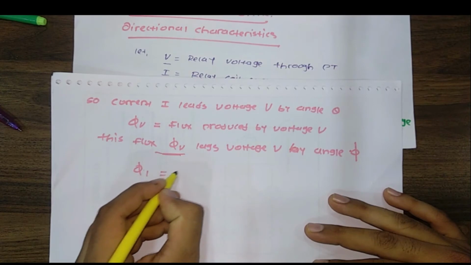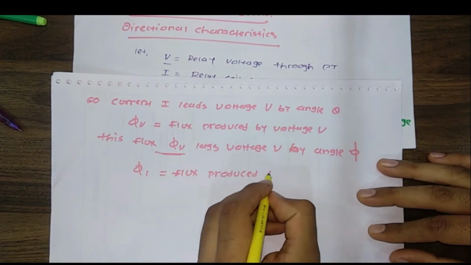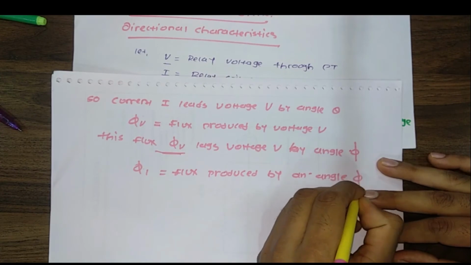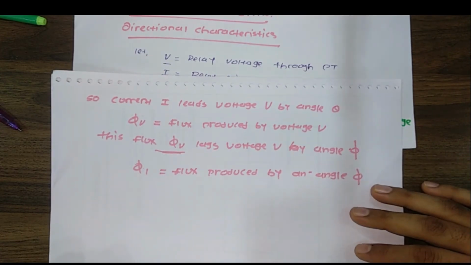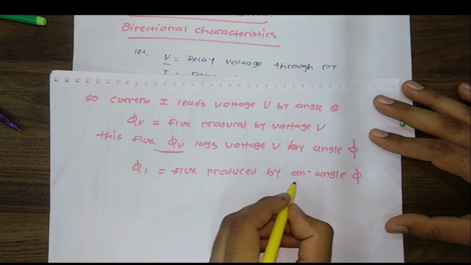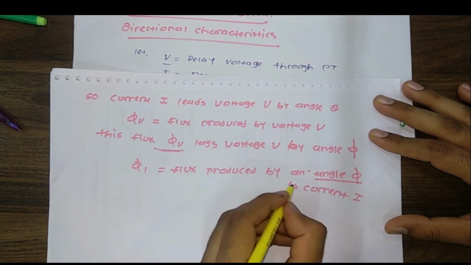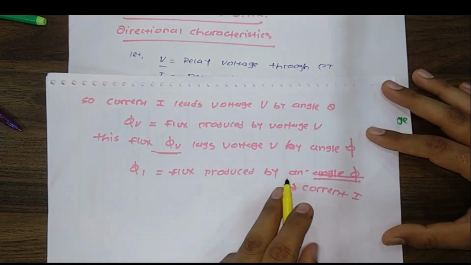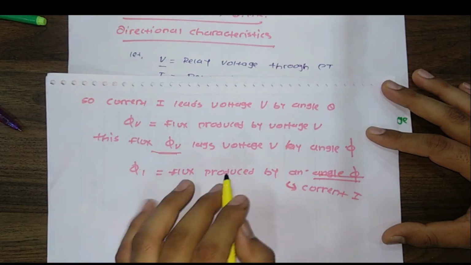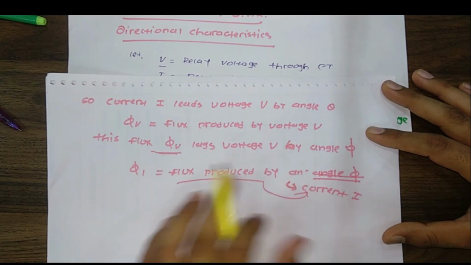And we can say phi 1 is equal to the flux produced because of the current I. So the flux phi 1 is in phase with the current I. The flux produced because of this current I, so these will both be in phase.